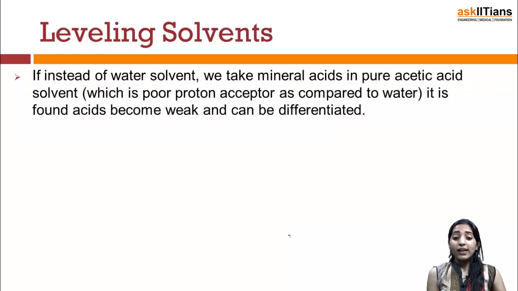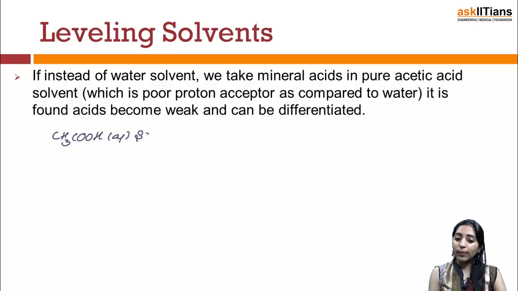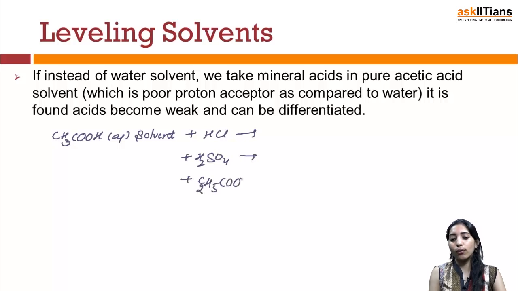Now if instead of water as a solvent, we take the mineral acids in pure acetic acid solvent. So instead of water, I am taking acetic acid as a solvent, and I dissolve HCl in this, then I dissolve H2SO4 in this, and let me say I dissolve some other organic acid, for example C2H5COOH, or oxalic acid.